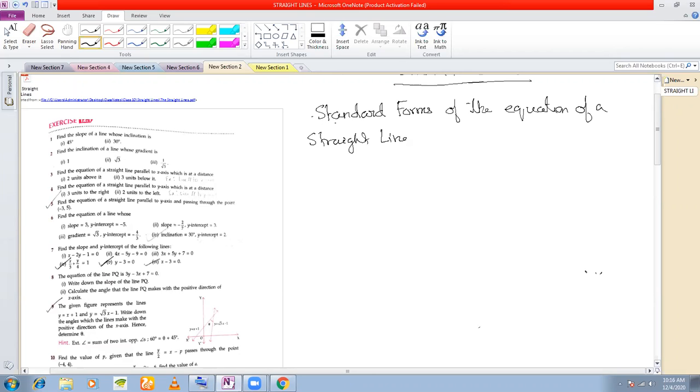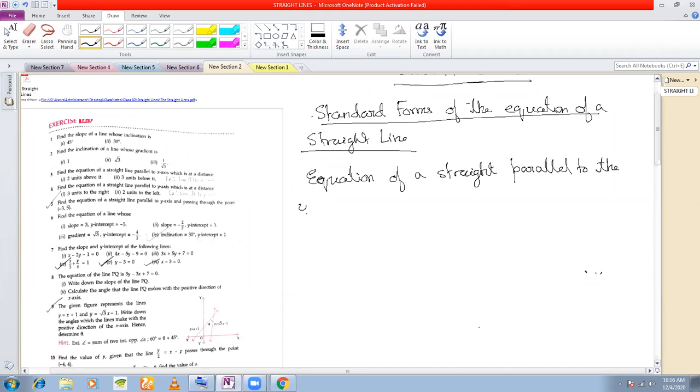The first standard form is the equation of a straight line parallel to the y-axis and at a distance of a units from the y-axis, which is x is equal to a.